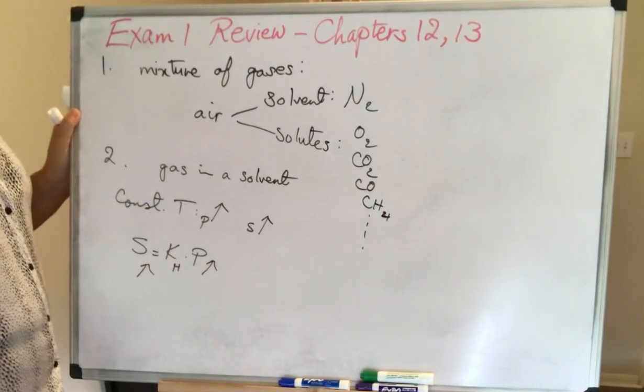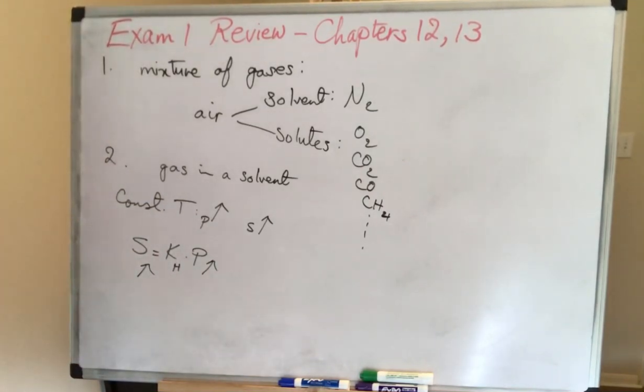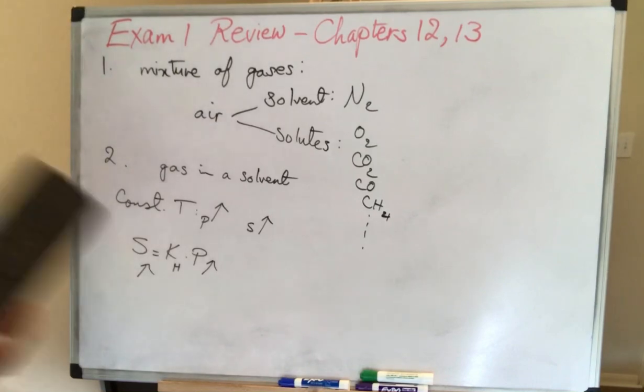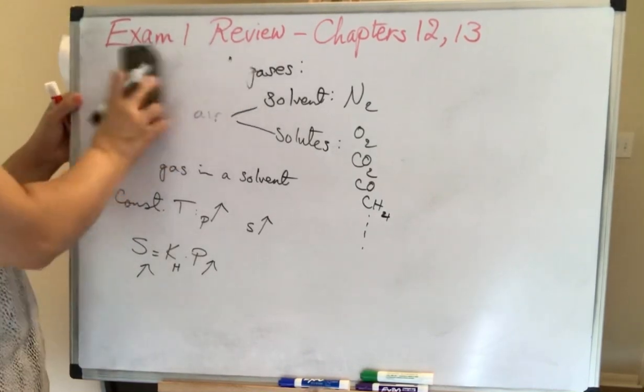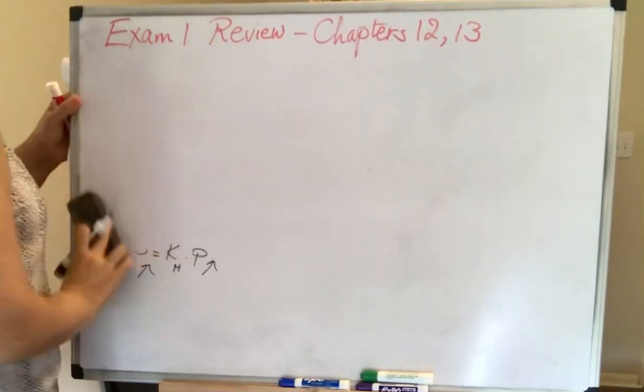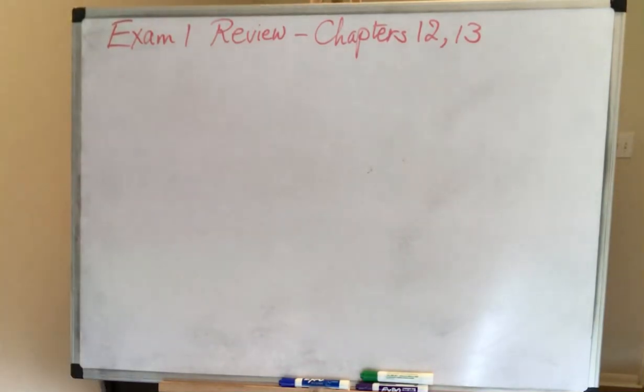Alright, the first 2 questions, we said they are conceptual, so let's start some questions which are more on the calculation side. Question number 3 is a relation between the concentration units for a solution.